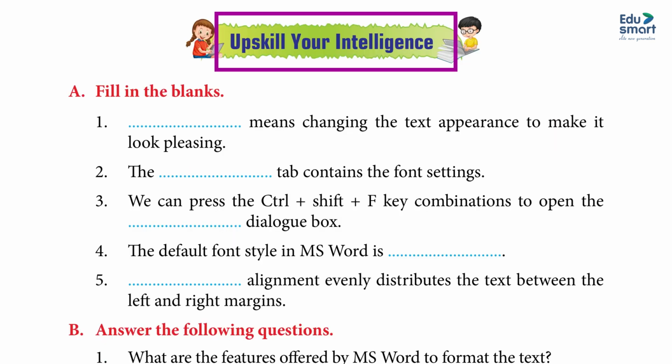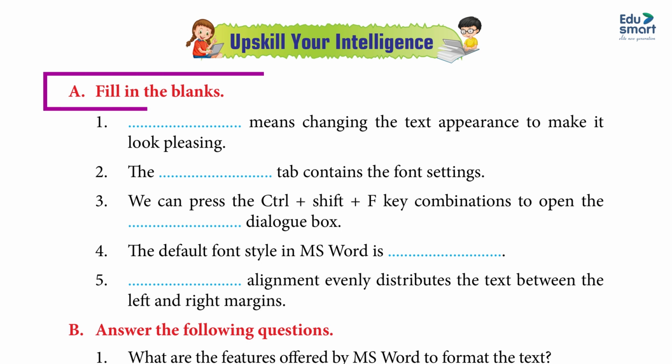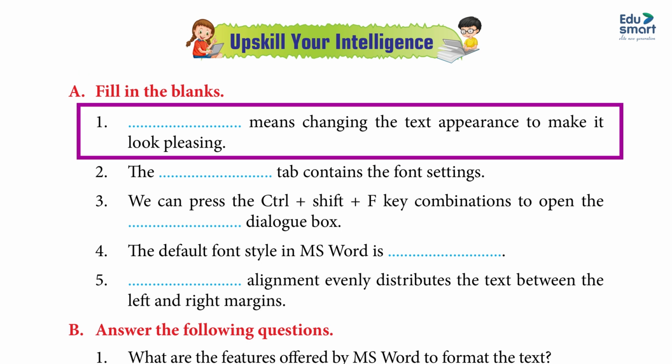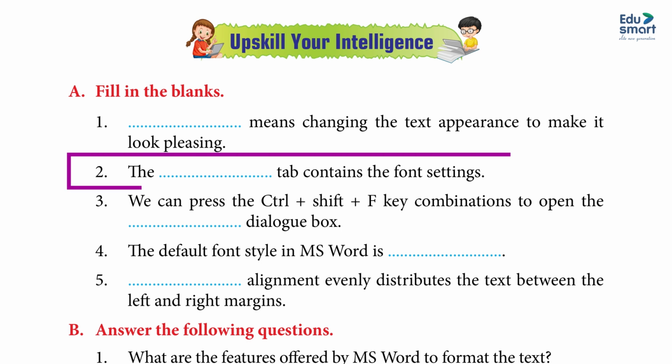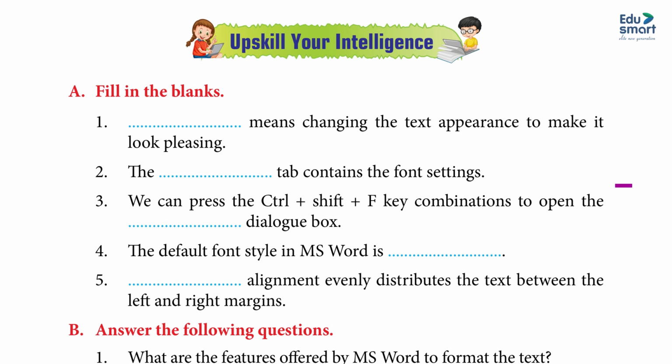Upskill your intelligence. A. Fill in the blanks. 1. Dash means changing the text appearance to make it look pleasing. Answer: formatting. 2. The dash tab contains the font setting. Answer: Home. 3.